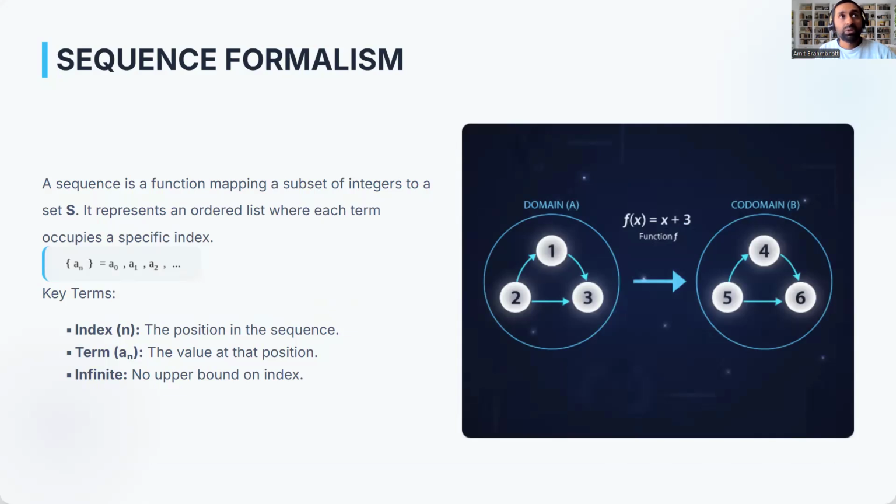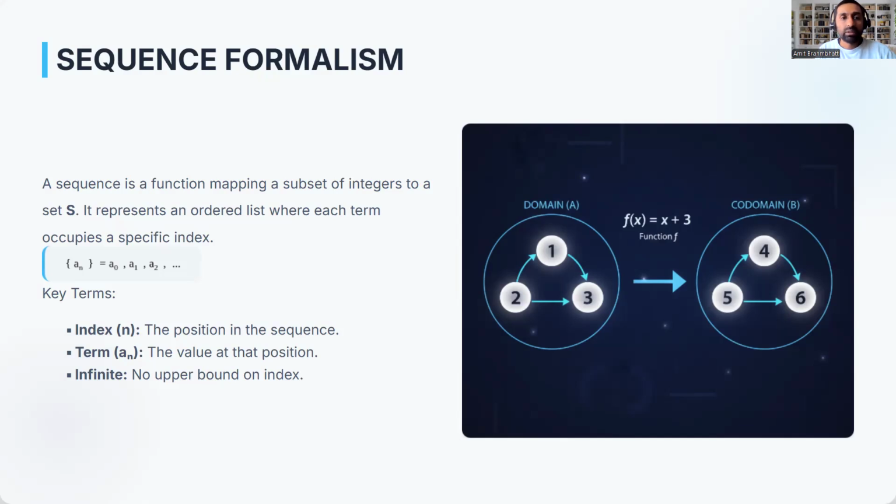Let's talk about sequence formalism. Formally defined, a sequence is a function where the domain is a subset of integers, typically beginning at index 0 or 1, and the codomain is a specified set S. Unlike a standard continuous function, the inputs here are intrinsically discrete.